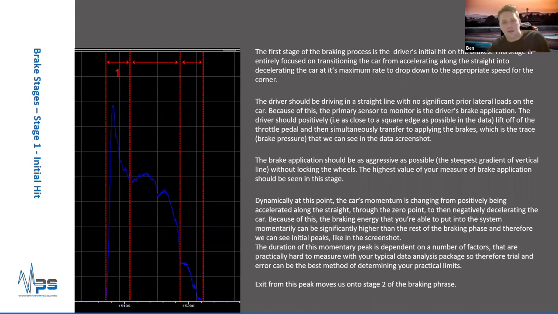The first stage of the braking is to transition the car from accelerating along a straight into decelerating, reducing speed to make the car ready for the corner. Dynamically, if the car had been accelerating, the load transfer will be slightly on the rear as the car squats and accelerates.